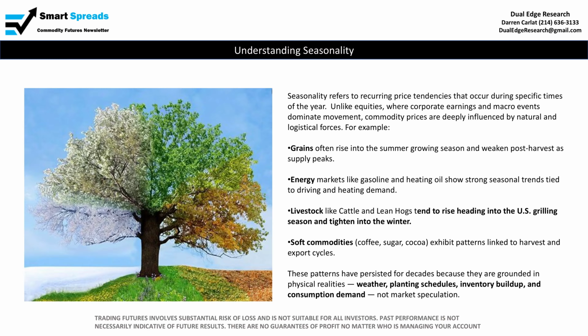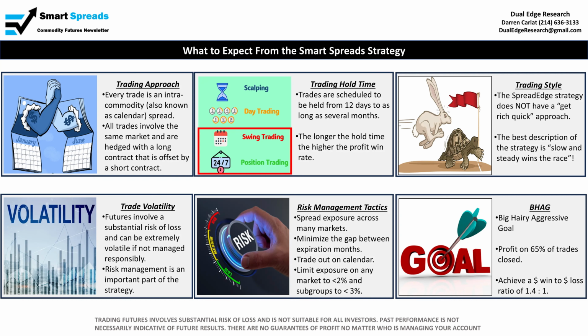You'll learn how Smart Spreads uses decades of historical data, supported by a vast array of technical and fundamental indicators and analysis, to identify recurring seasonal patterns, from grain harvest cycles to energy demand shifts, and convert them into low-risk, data-driven spread trades. Before we dive into seasonality, here's what to expect from the Smart Spread strategy.